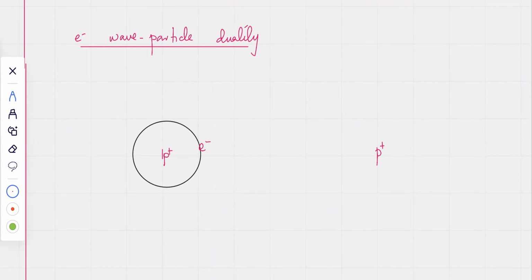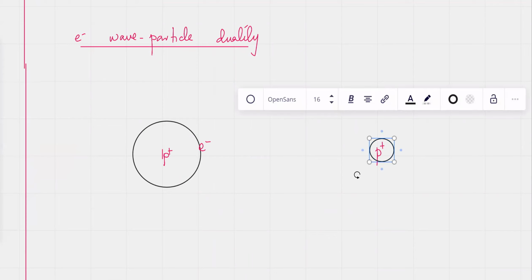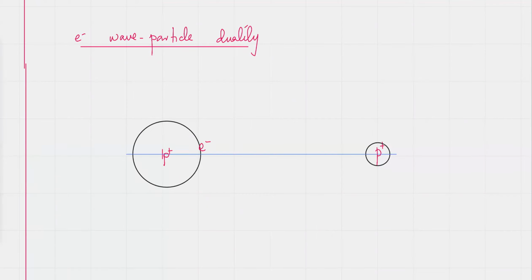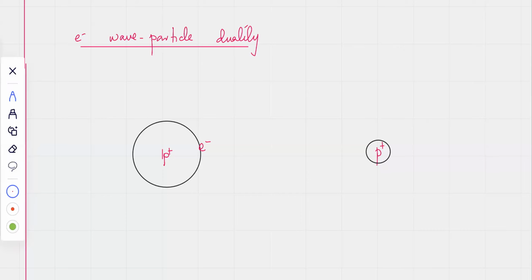So there's this positive proton, the nucleus, and we've got an electron. Now this electron is not going to be stationary. It would be buzzing around the positive proton, the electron is very energetic, so it would be buzzing around like a fly that's hovering around a suite.